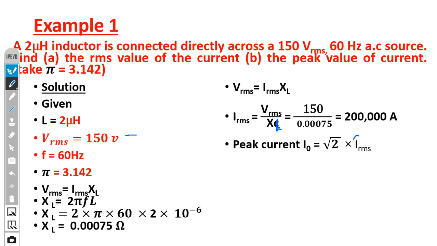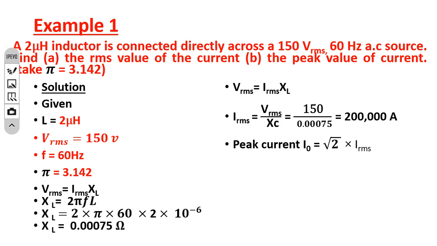We'll now substitute into this expression. You can as well do that, and then you tell me what the expression will be. Okay, so that's our answer for this very example.